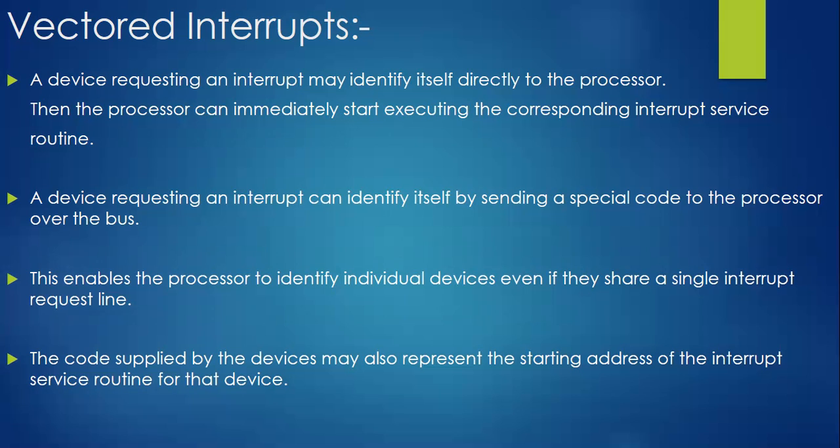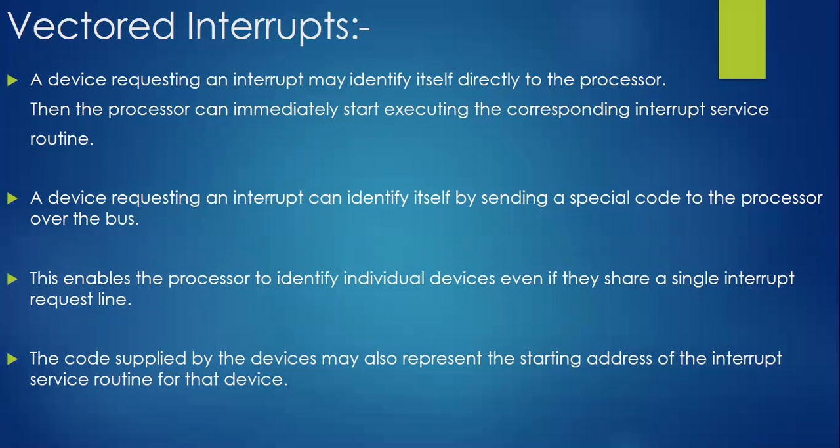So what we can do is, whenever a device is requesting an interrupt, or any kind of service from the processor, if it introduces itself to the processor, then we can skip the processor finding the identity of the device. So the same thing we are going to do over here.